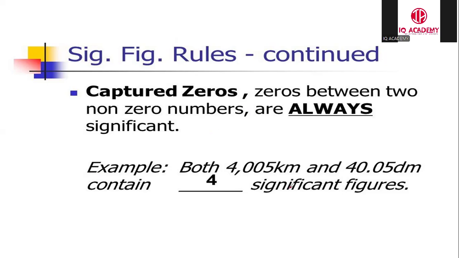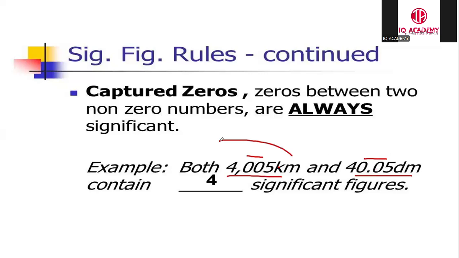So that's the rule. If I have, for example, this number here, 4 and then 005, because these 2 zeros are in between the 4 and the 5, they will be considered significant. It will be the same even for this measurement here. You can see I have 2 zeros in between the 4 and the 5, so they will be significant.